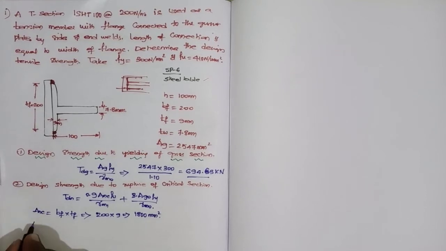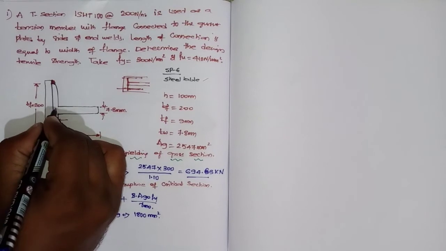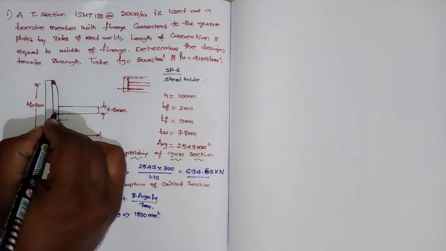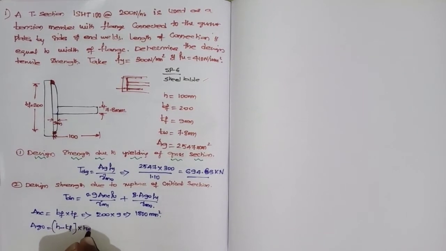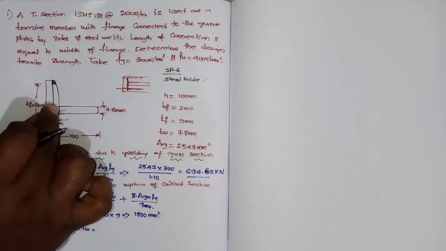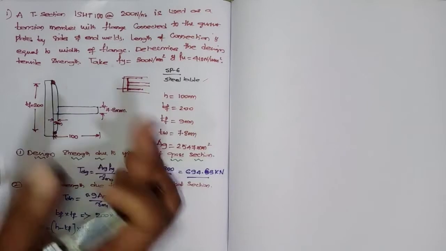Next, Ago. Total length is 100, but this area is already covered in the flange portion. So H minus thickness of flange, into thickness of web. If I deduct this one, I will remain with this length, multiplied with this thickness, and that will be the area.